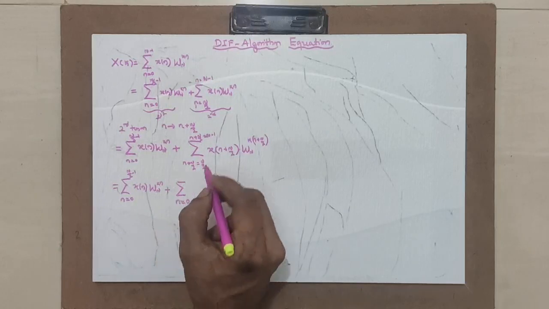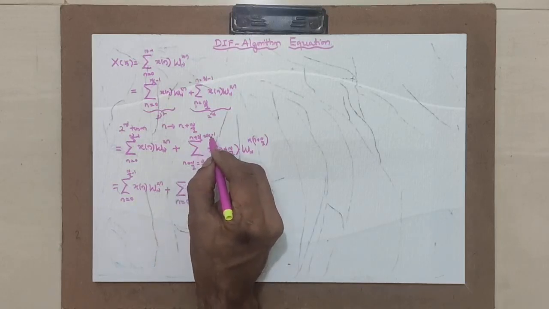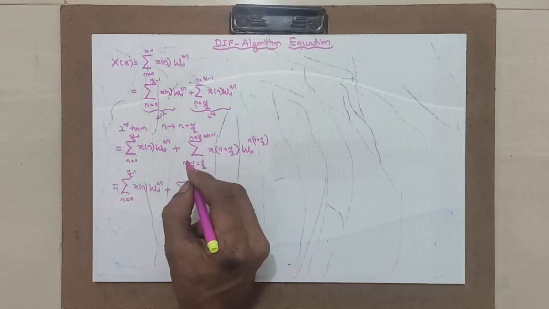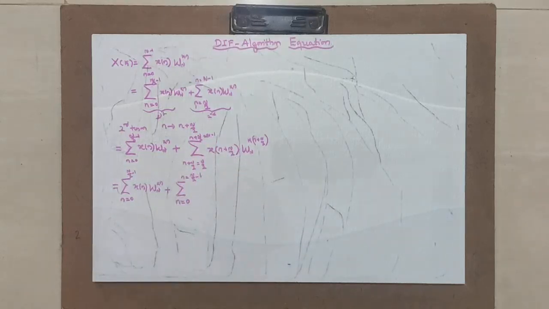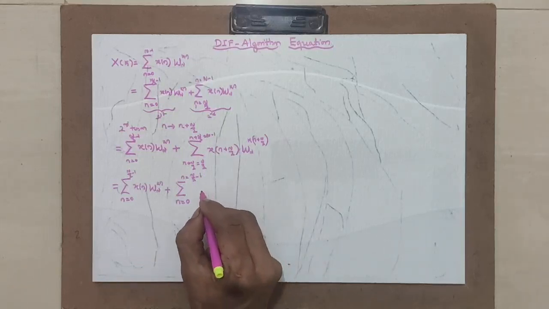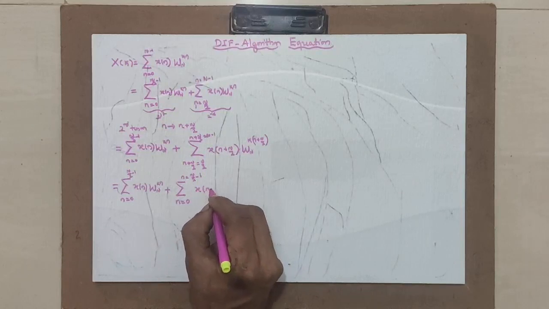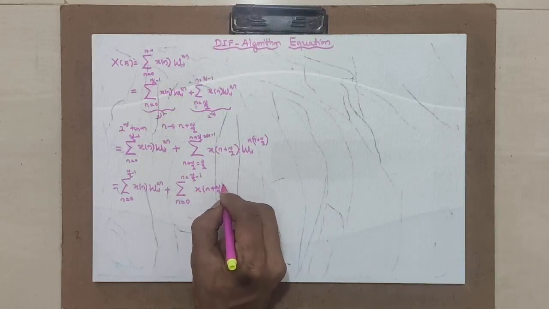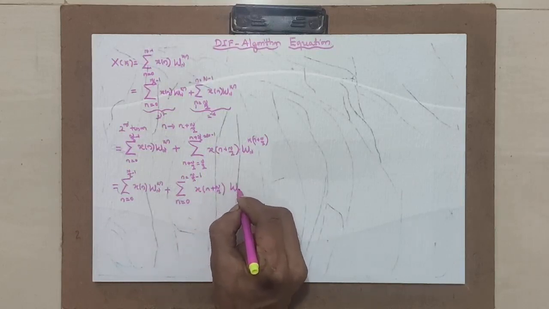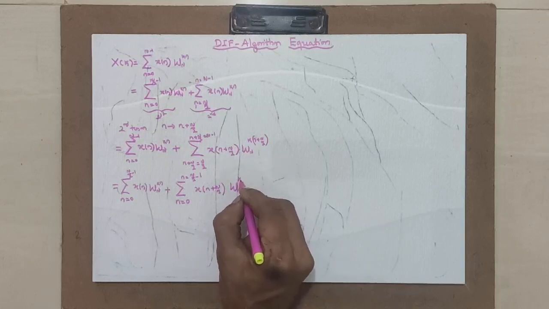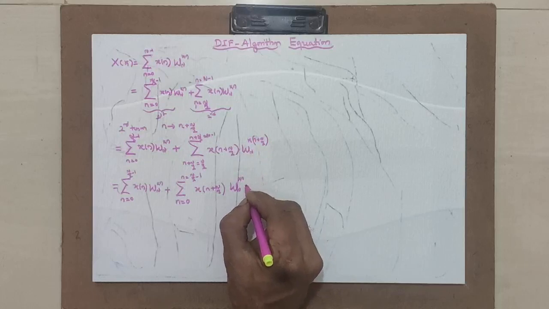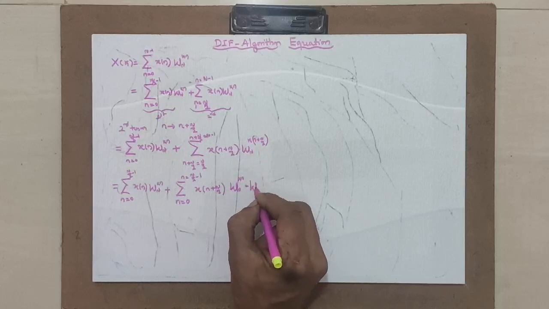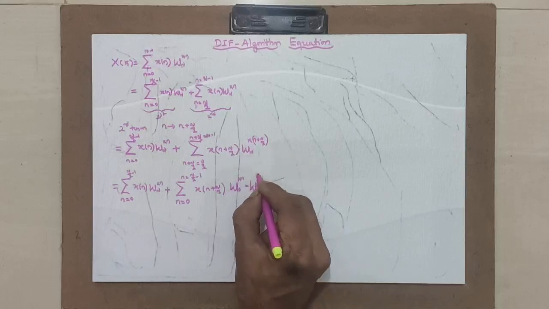N by 2 goes to the other side, N minus N by 2, hence n becomes equal to N by 2 minus 1. Now x of n plus N by 2, W_N raised to kn, multiplied by W_N raised to kN by 2.